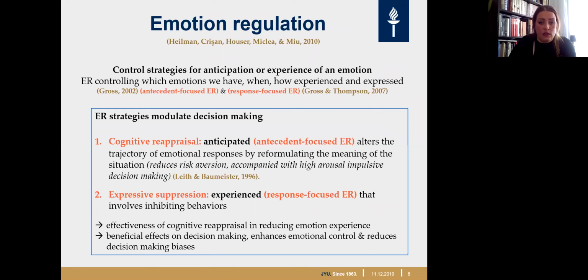The effectiveness of cognitive reappraisal is reducing emotion experience so that we can focus more on the cognition, and the beneficial effects, so that while incorporating these strategies, especially cognitive reappraisal, it reduces decision-making biases, as we are more reflective of how our emotions affect the decisions that we are going to make. So these are also important.